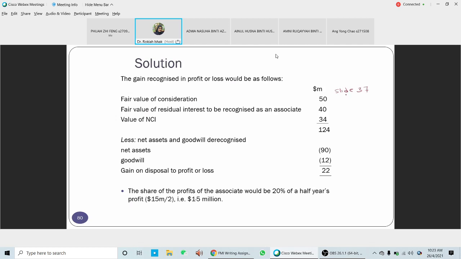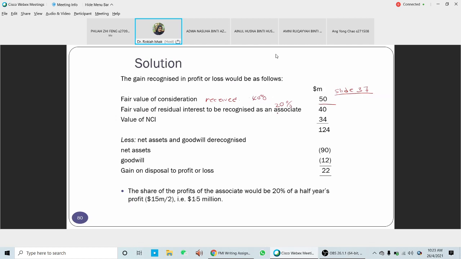To calculate using the net asset method, we look at the fair value of consideration received. How much do you receive from the disposal? You receive 40. The other one is the fair value of the residual interest, the 20% that you keep. This one is for the portion that you dispose. How many percent do you dispose? 40%.